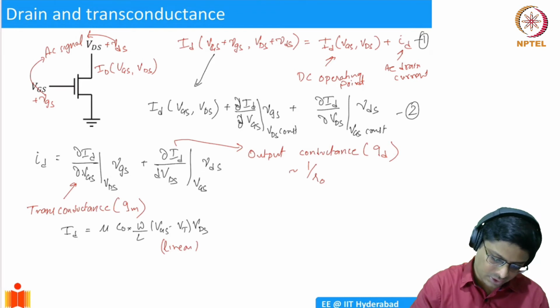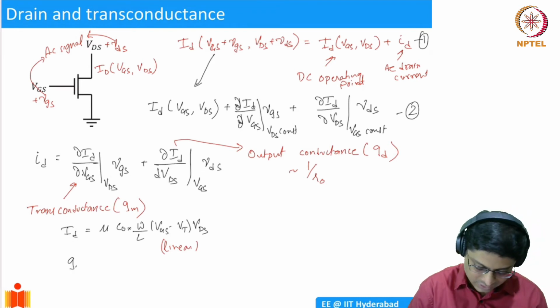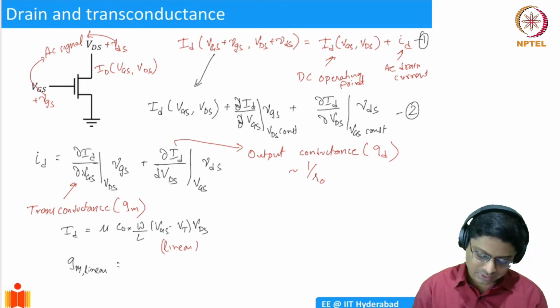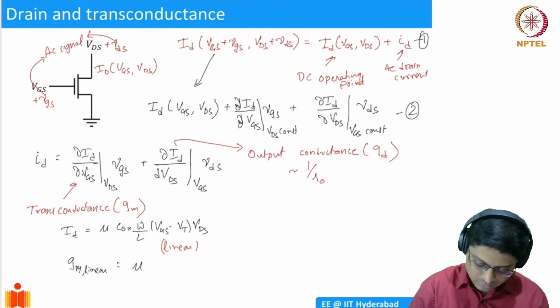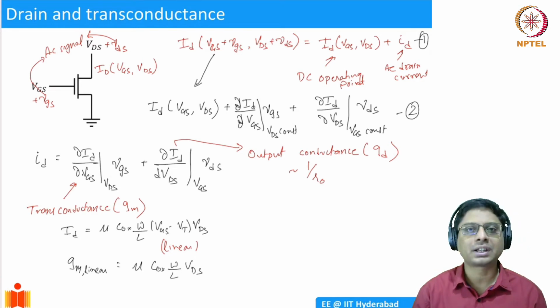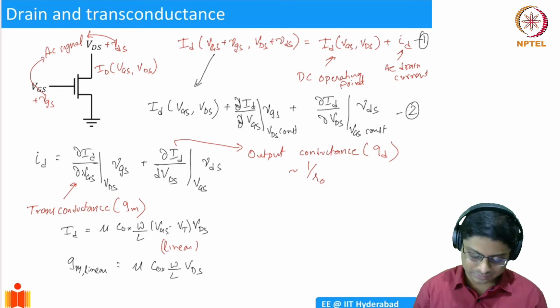GM linear is going to be the derivative of it, so basically mu Cox W by L times VDS, because we are calculating that at a particular VDS.